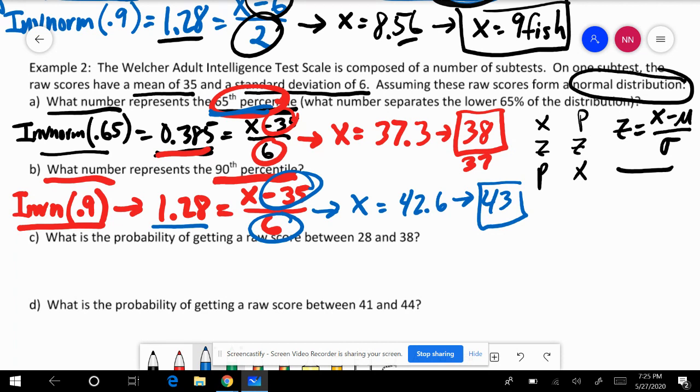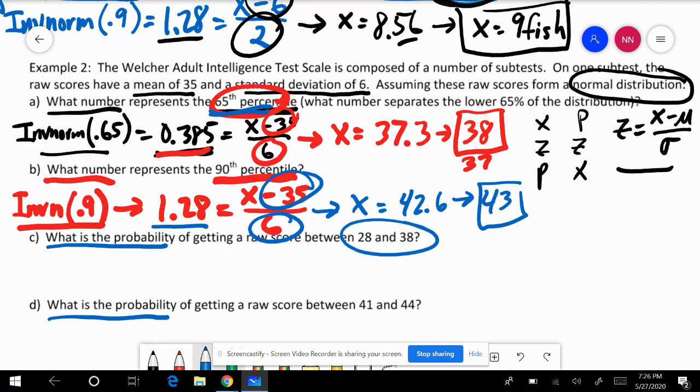Now, that right there is new material. What we're going to do for C and D is we're going to go back to what we worked on yesterday and what we talked a little bit about today. Notice it says, what is the probability? So we're going to the old method. What is the probability? So that means we're given an x value. So notice that it's in between 28 and 38.